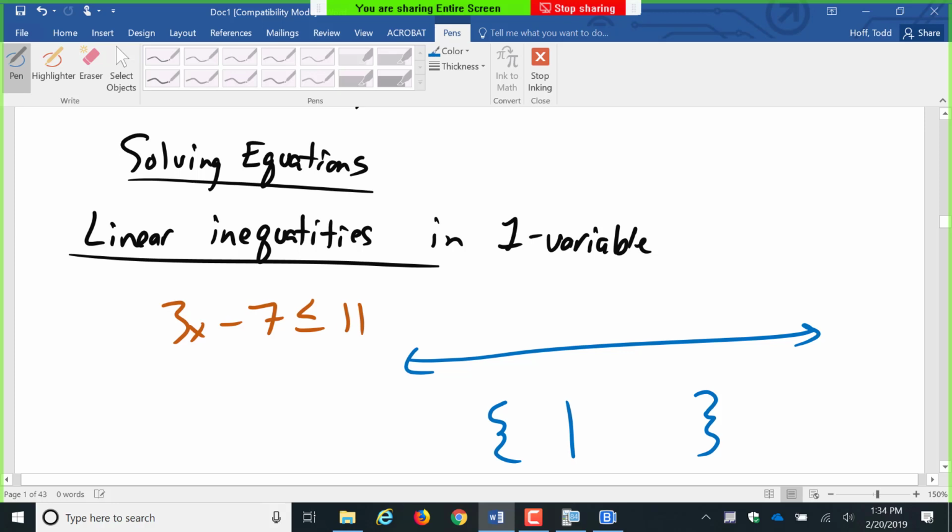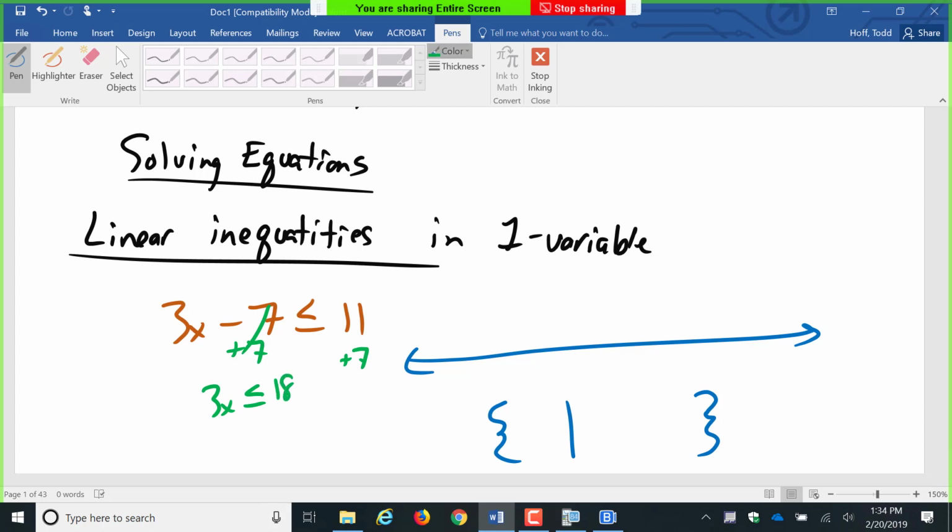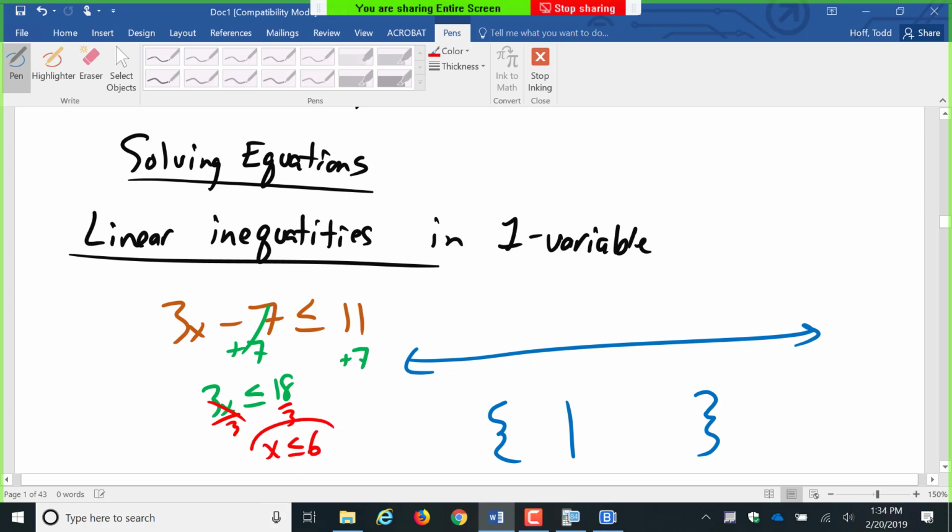So if I were to solve that, add 7 to get 11 plus 7, 3x is still less than or equal to 18. And divide by 3, x is less than or equal to 6. I could put that on the graph. Less than or equal to, it's a closed dot, solid dot.